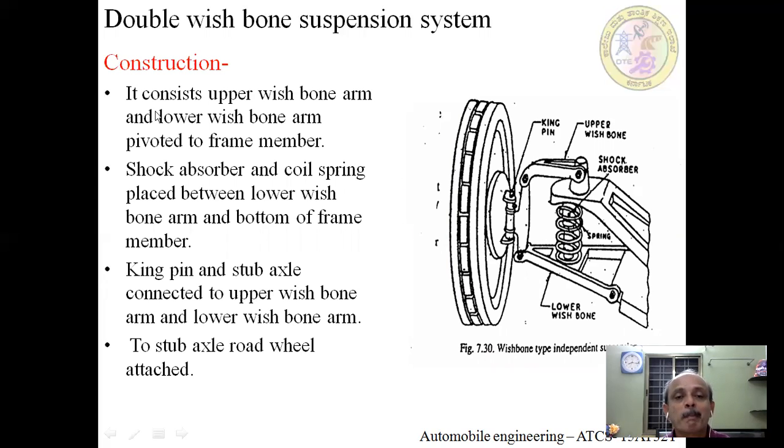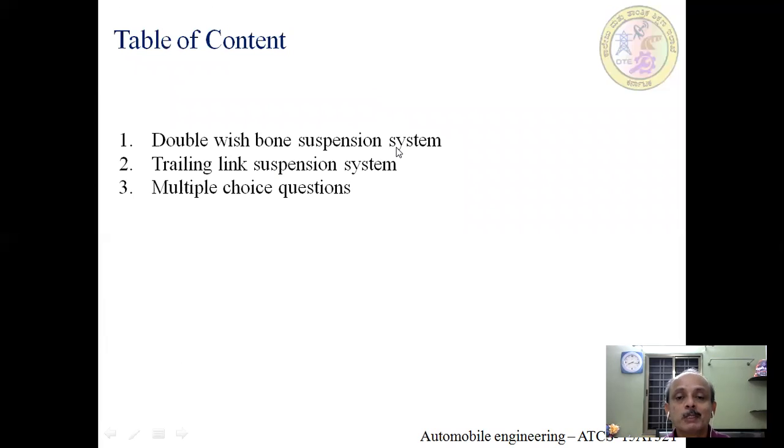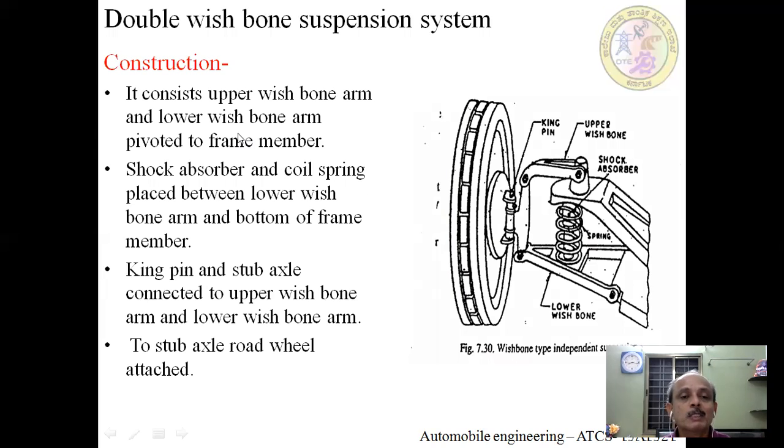Here we can go once again. Very simple. Our content is the double wishbone suspension system. It has a small sketch with the main parts: kingpin, upper wishbone arm, shock absorber, spring, lower wishbone arm, and stub axle wheel.